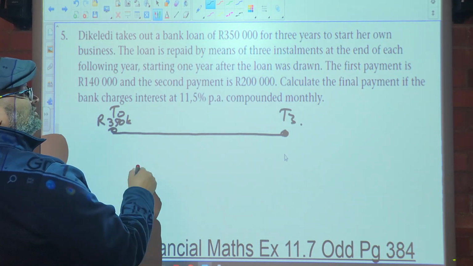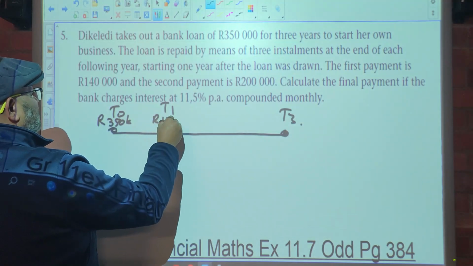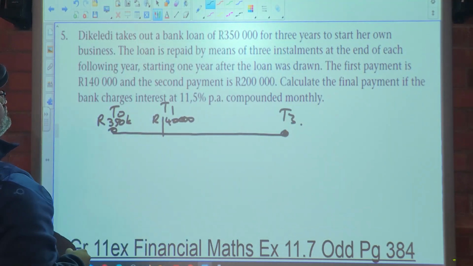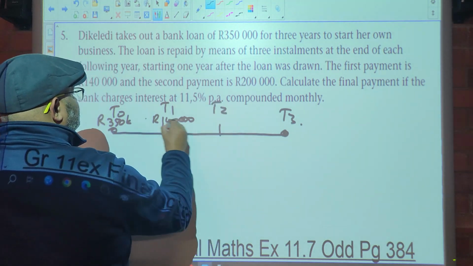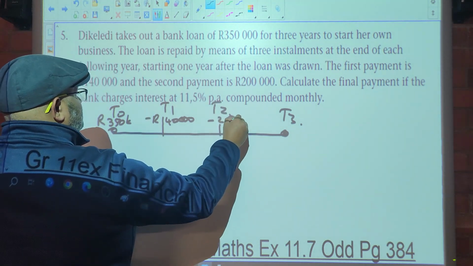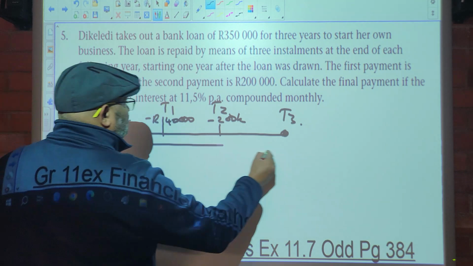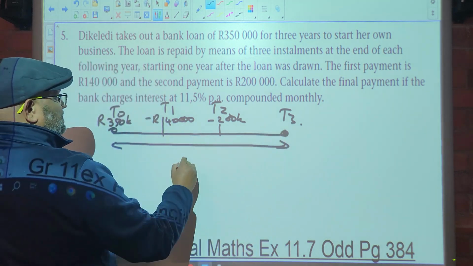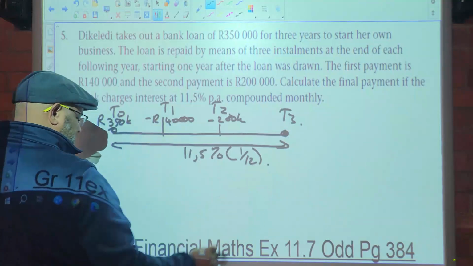The first payment, at T1, is 140,000. The second payment is 200,000. And the third, calculate the final payment, with the interest rate of 11.5% per annum compounded monthly.